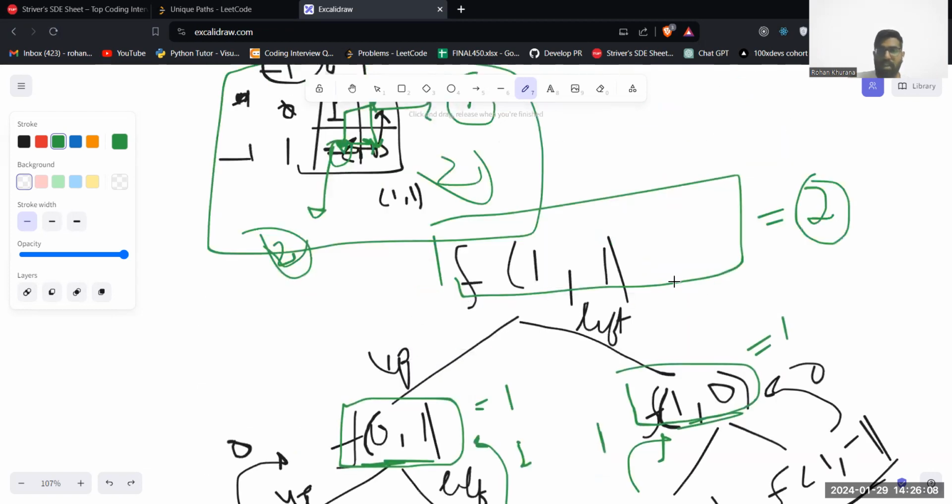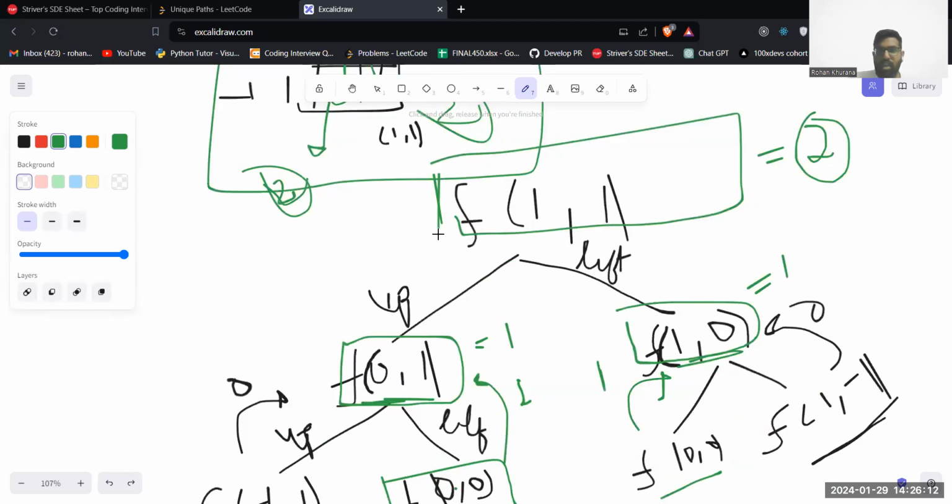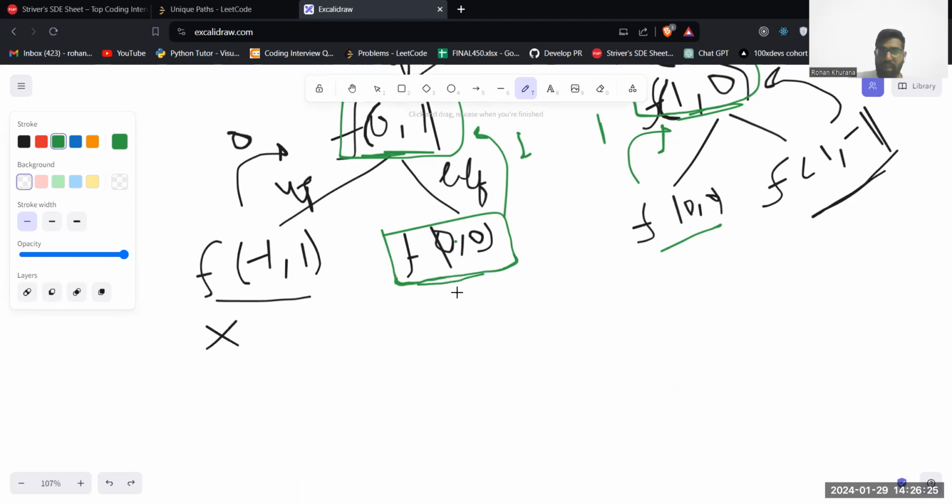I can use recursion. Now, what is the top-down approach? We need to understand. We generally go from the last thing. Now this was a destination, but this turned to source. And similarly this was our source, it turned into destination.